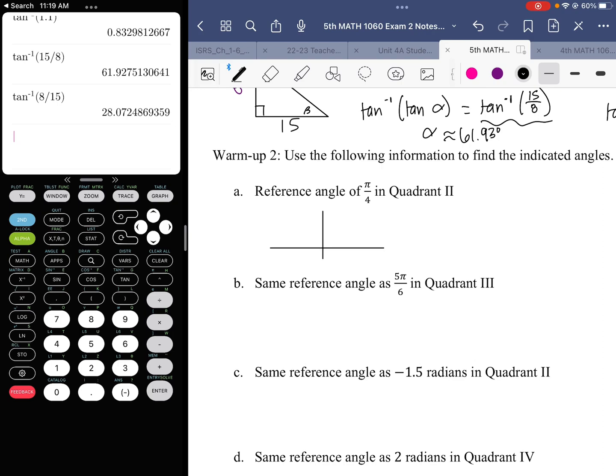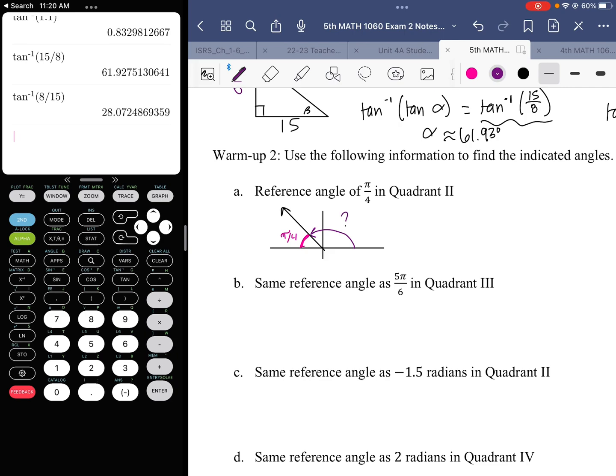If you're saying that the reference angle is pi fourths, what you're saying is that this right here is pi fourths. But that is not necessarily what we would call that angle. How we would describe the angle is, from 0 to here is what angle, and then the reference angle for it is that pi fourths.